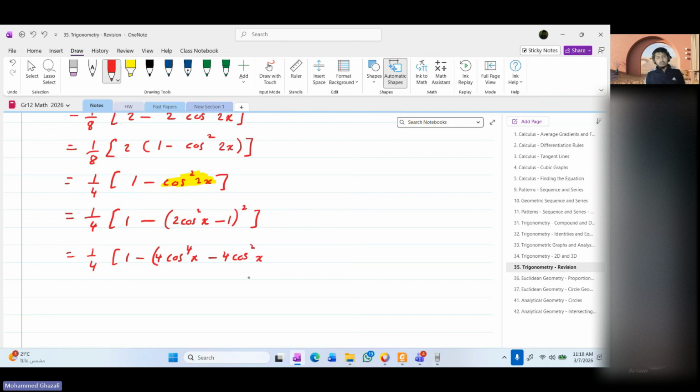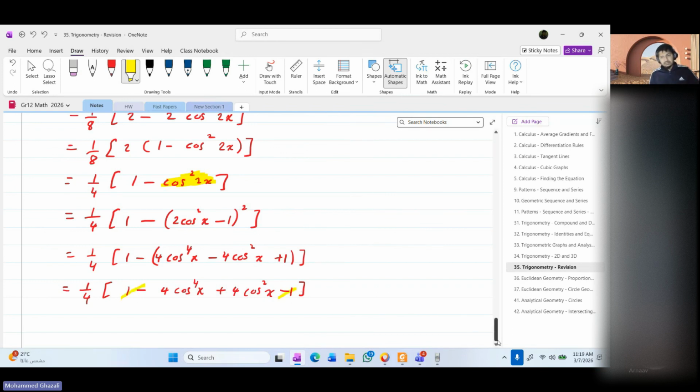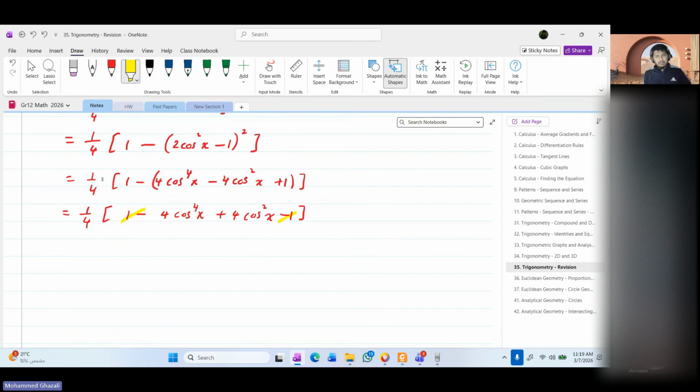Because the product of these two has opposite signs, and then times 2 because it's squaring a binomial, and then plus 1. So I've got a quarter into 1 minus 4 cos 4x plus 4 cos squared x, right? Minus 1. So now I can see that the 1 and the minus 1 cancel out.